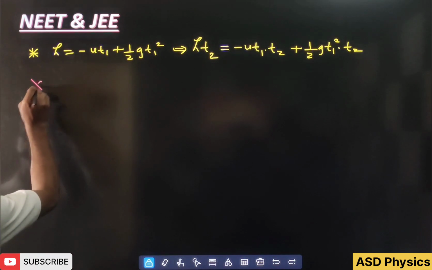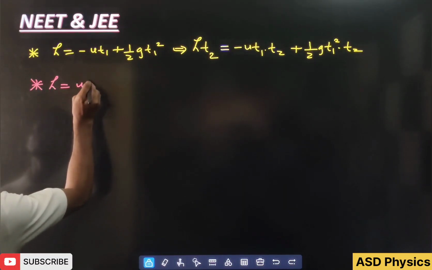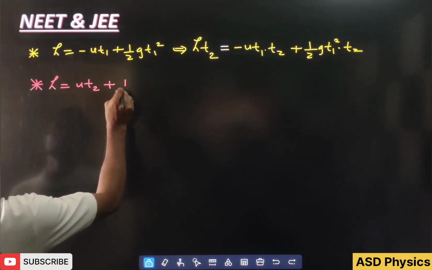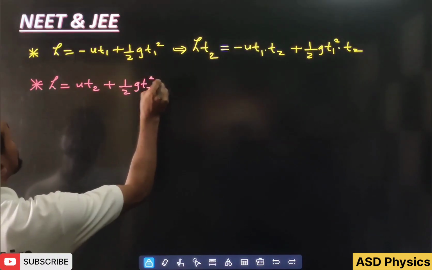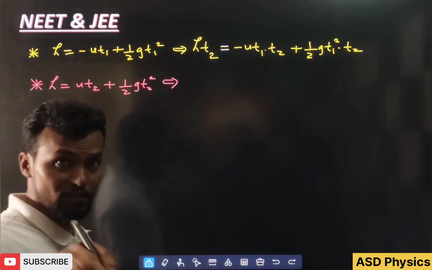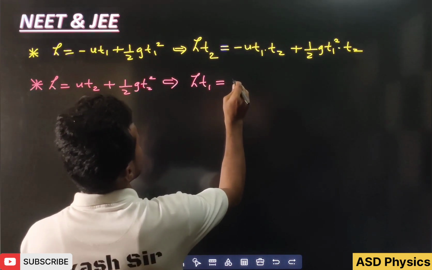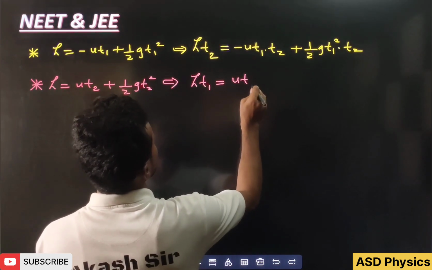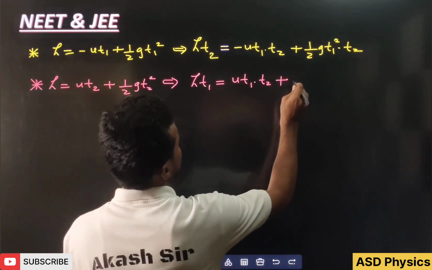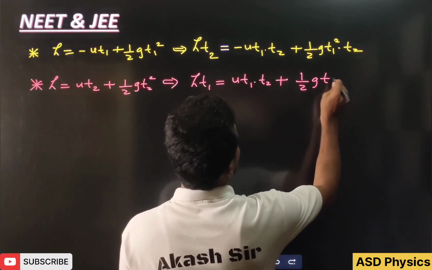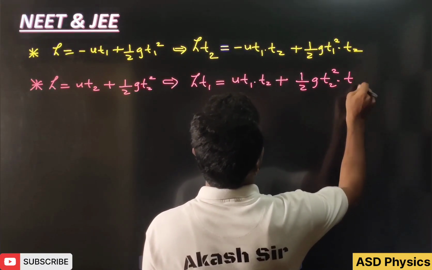Now the second equation: h equals ut2 plus half gt2 square. Here I will multiply with t1. So ht1 is equal to ut1t2 plus half g t2 square into t1.